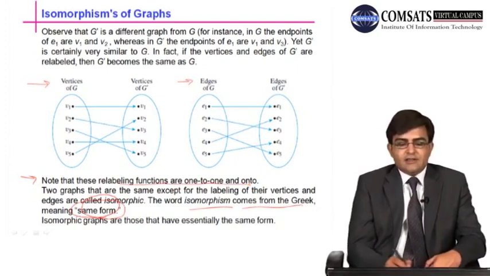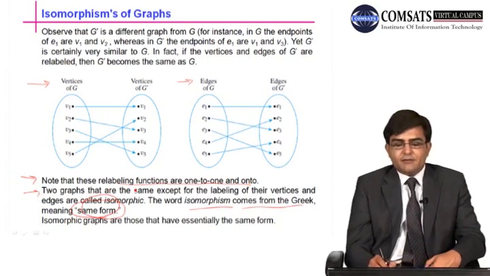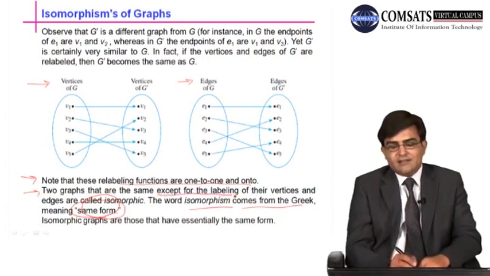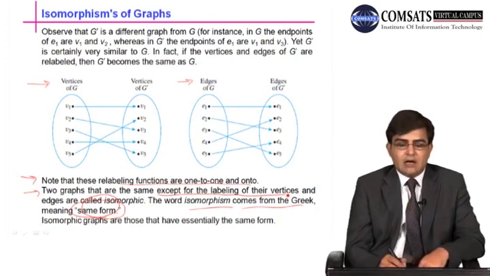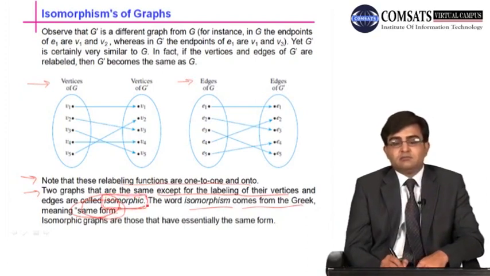So the two graphs are the same except for the labeling of their vertices. Two graphs that are the same except for the labeling of their vertices and edges are called isomorphic. Isomorphic means they have the same form.